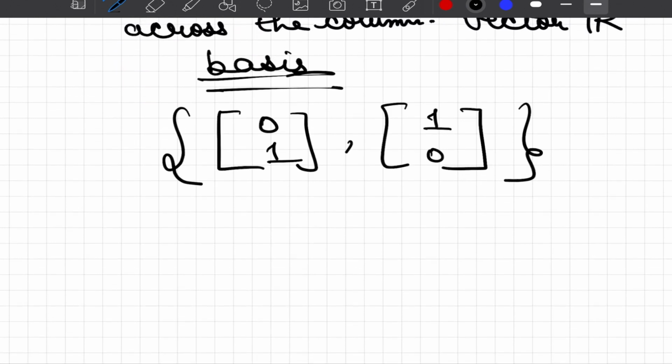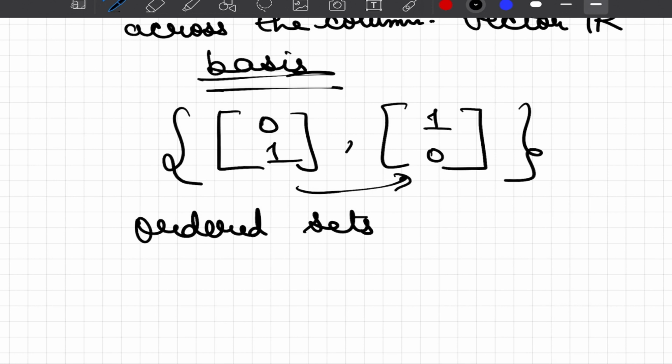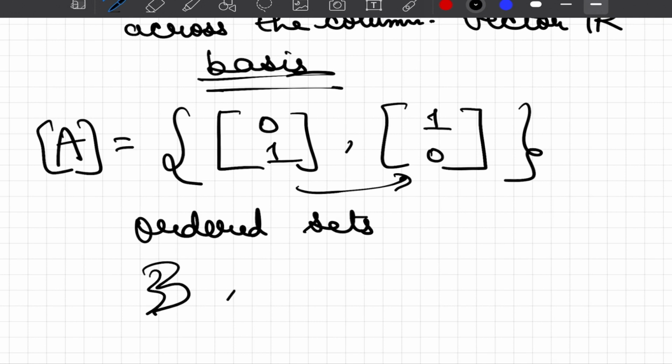Also, another important thing is that whenever we talk about the basis, we always talk about ordered sets. That means the order or position of these two vectors within this set A would matter if we are talking about the basis. And typically we denote this basis by the letter B, or in some cases simply capital B, where we want to represent whether order matters or not.